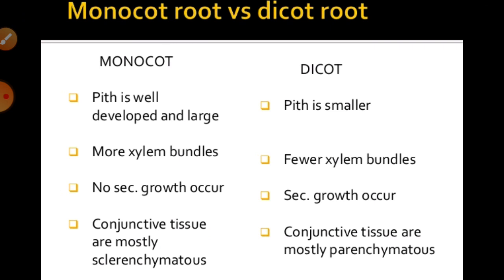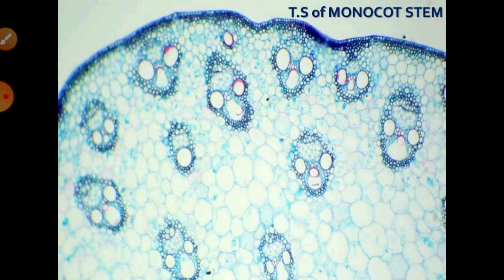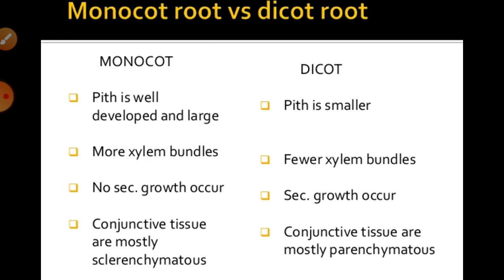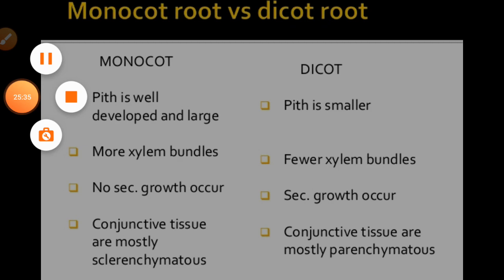No secondary growth can be found in the monocot root, but secondary growth occurs in the dicot root. And conjunctive tissues are mostly sclerenchymatous in monocot, but especially parenchymatous in dicot. So I think everybody would understand the topic of dicot and monocot root in detail. So students, prepare your notes. Thank you.